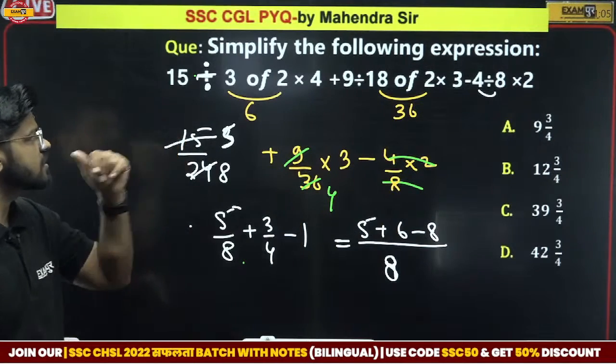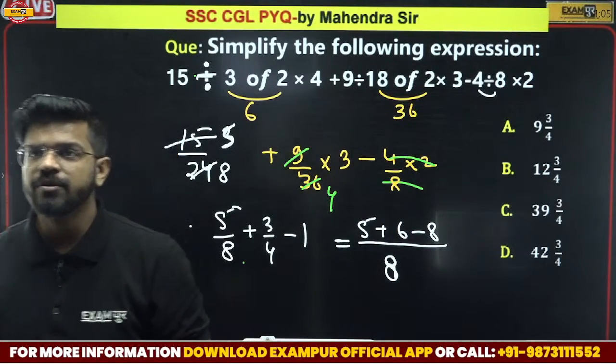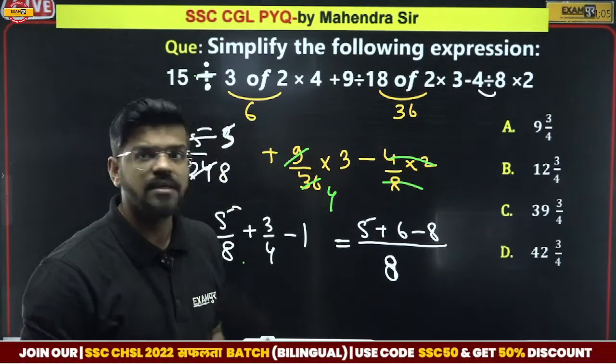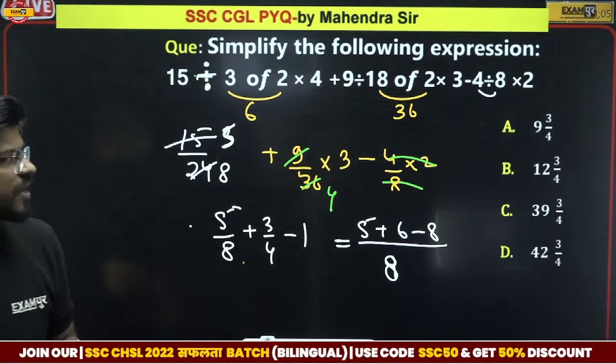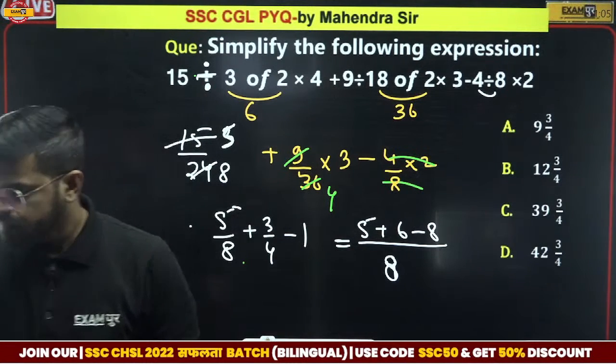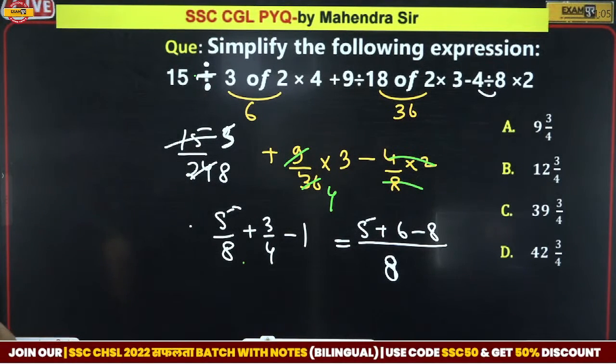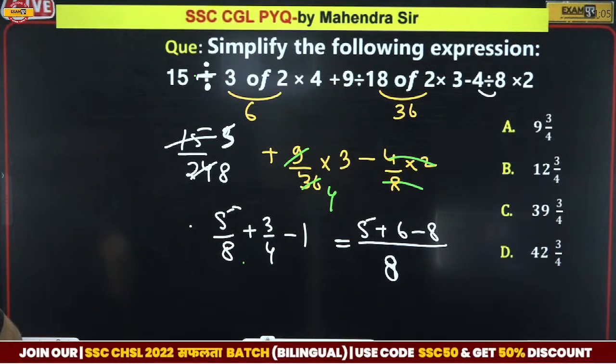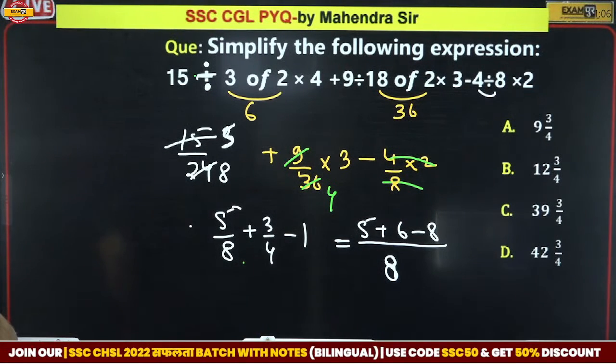So maybe this thing is possibly 39. Did you get that? 39 by 4 is your answer. Or 93 by 4. Let me check. I think the question has something. We have a problem with the question.